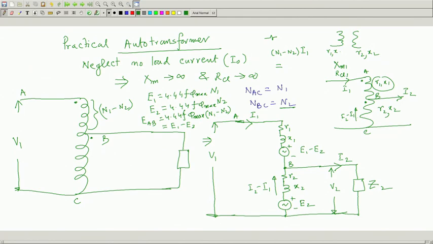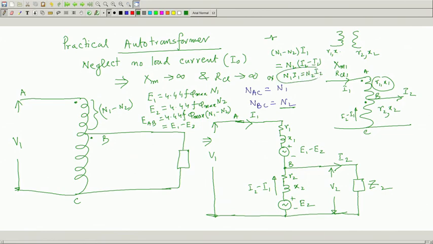This current is I 2 minus I 1, it must be equal to N 2 into I 2 minus I 1, that remains, there is no doubt about that. And this means minus N 2 I 1 cancels off from both sides, this is I 1. So, this also means N 1 I 1 is equal to N 2 I 2.